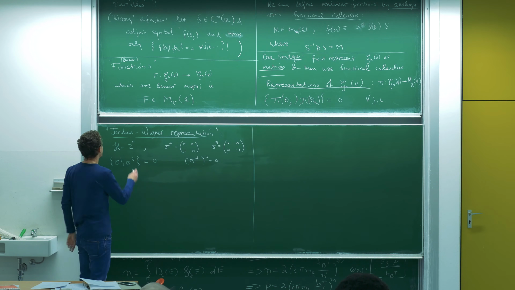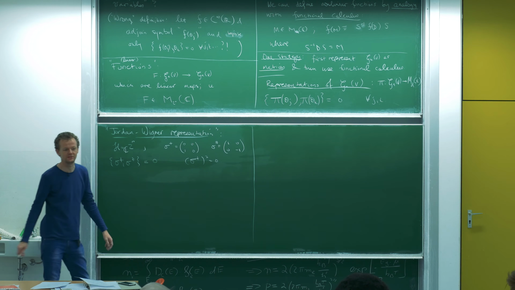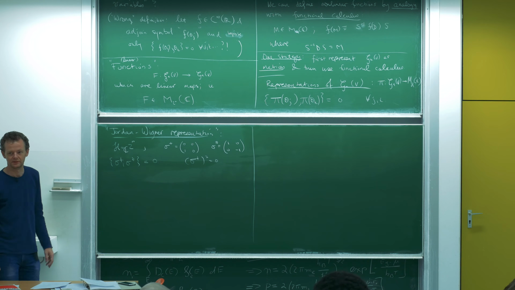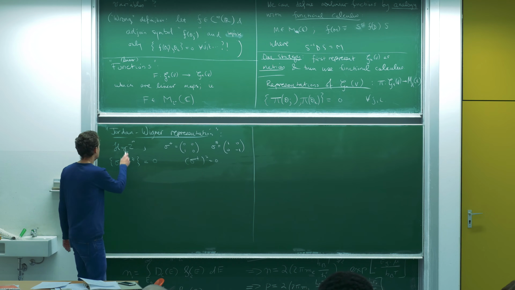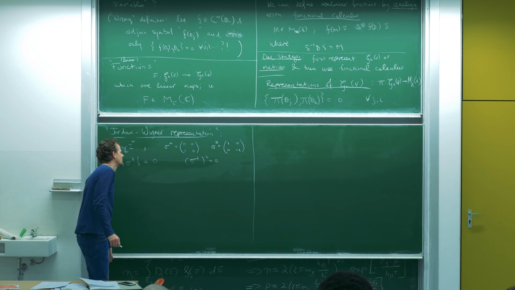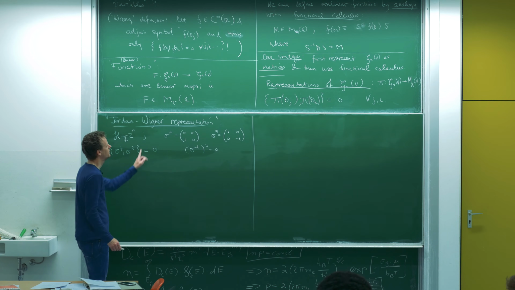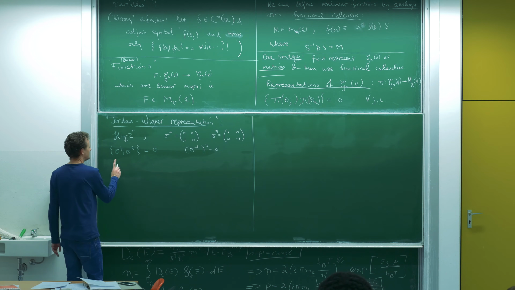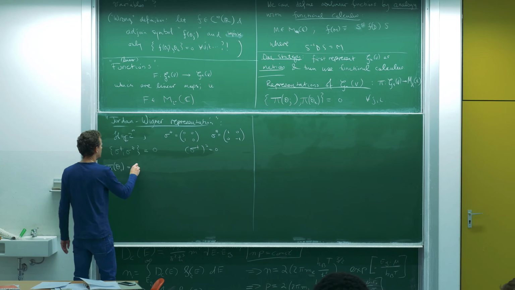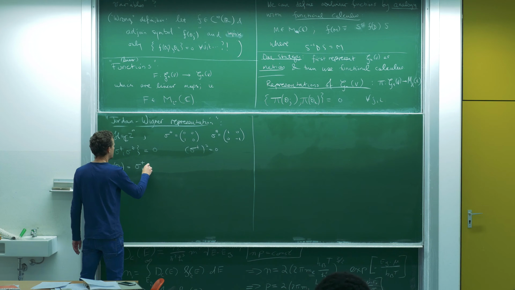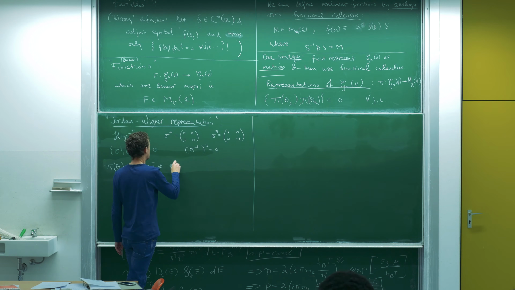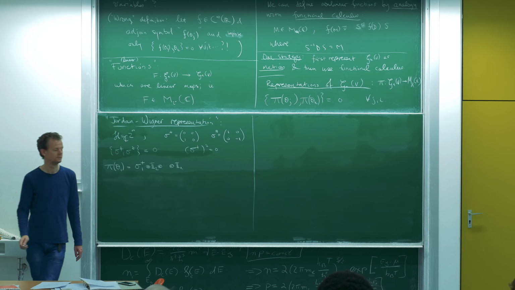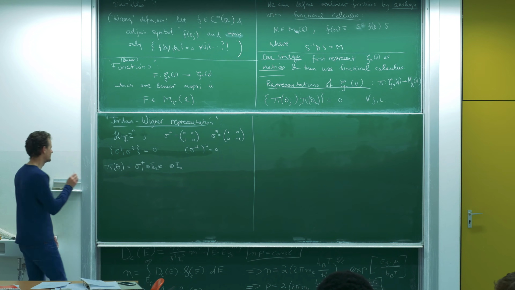What do I mean by this? I mean that the dimension of the Hilbert space is 2 to the n. All right, and then we're going to define a bunch of operators. So pi of theta 1 is sigma plus 1 tensor the identity on 2. So you've seen this before, you know what's going to come.